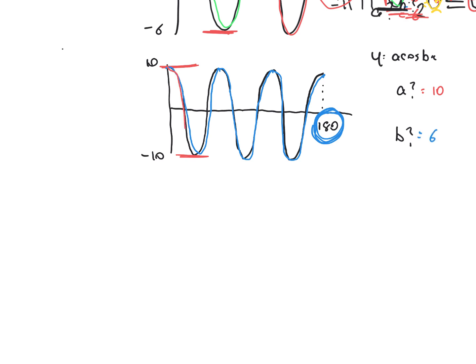So there's my first one, second one, and third one. That's 3 cycles in 180, but I want to know how many cycles in 360, so that's 6. Okay, let's try another.